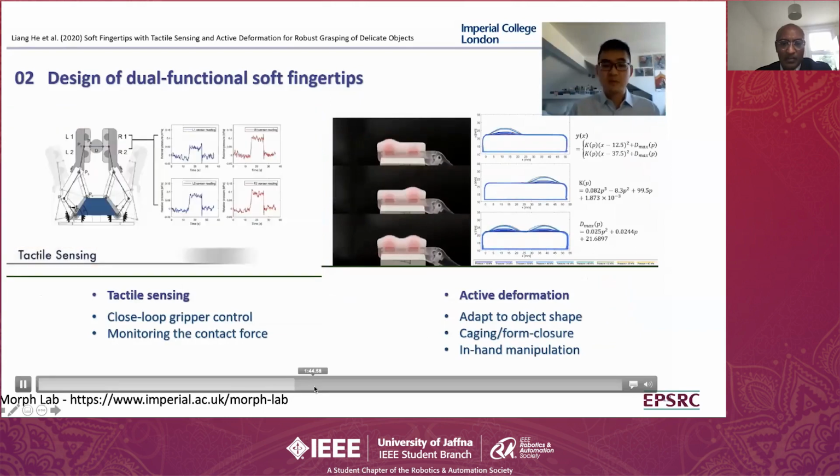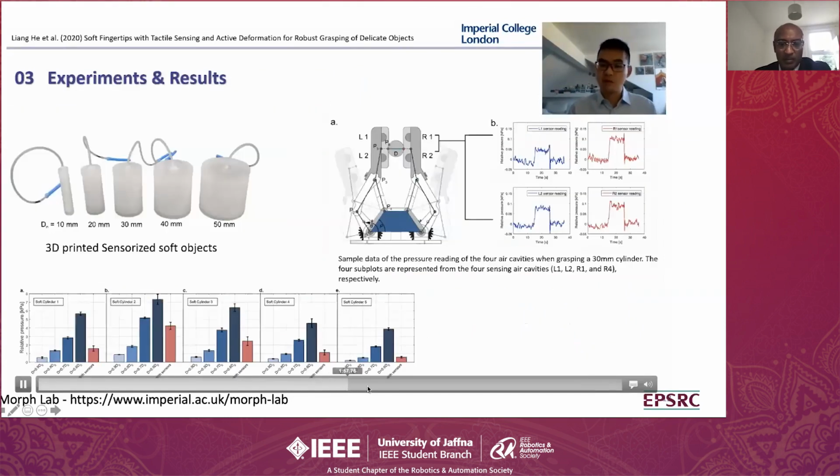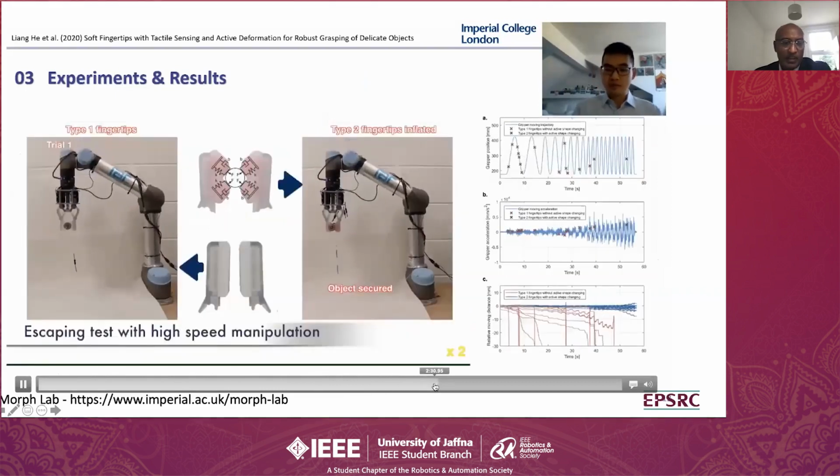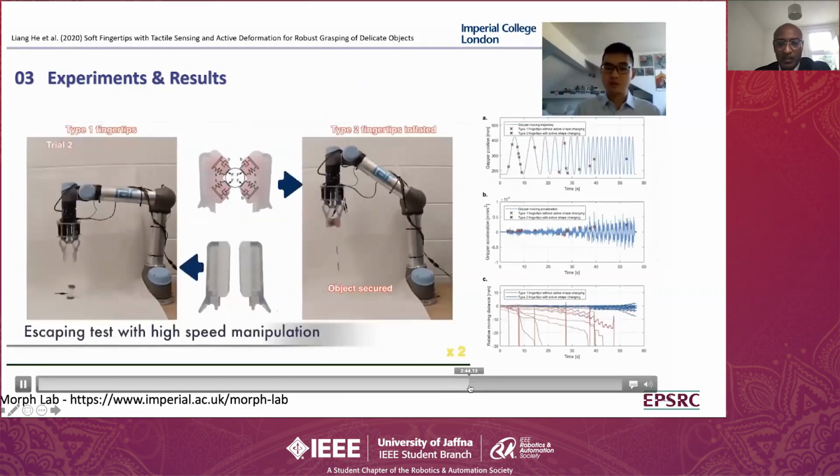This kind of gripper, I'm going to skip a little, is useful for industrial applications like soft object grasping in warehouses and things like that.